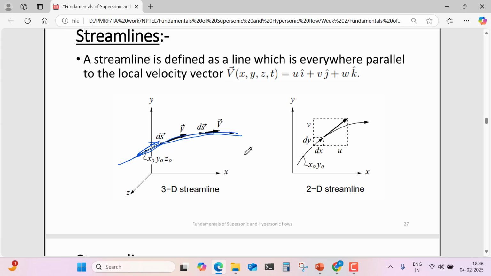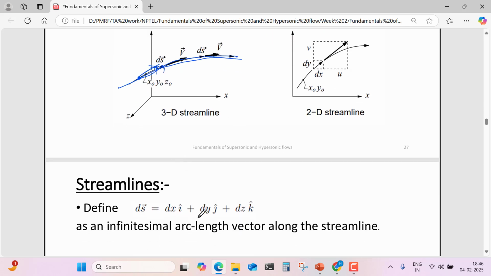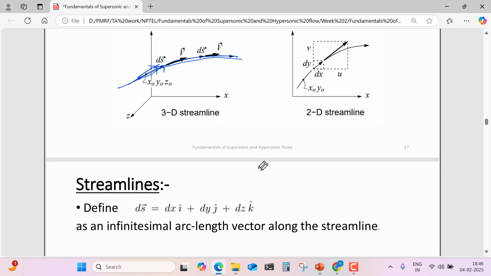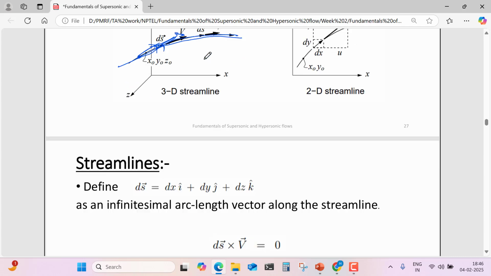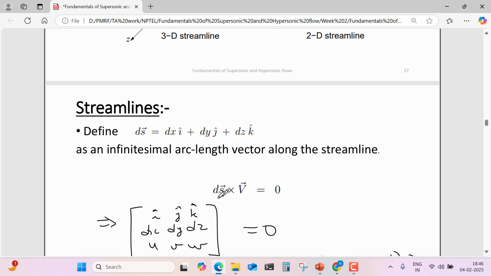So if you want to find the equation for this streamline, let's say there is a small element ds on this line which is given by dx i cap plus dy j cap plus dz k cap. As we know, in the streamline the direction of ds is also along v. So ds and v vector are in the same line, so the vector product of these two will be 0.